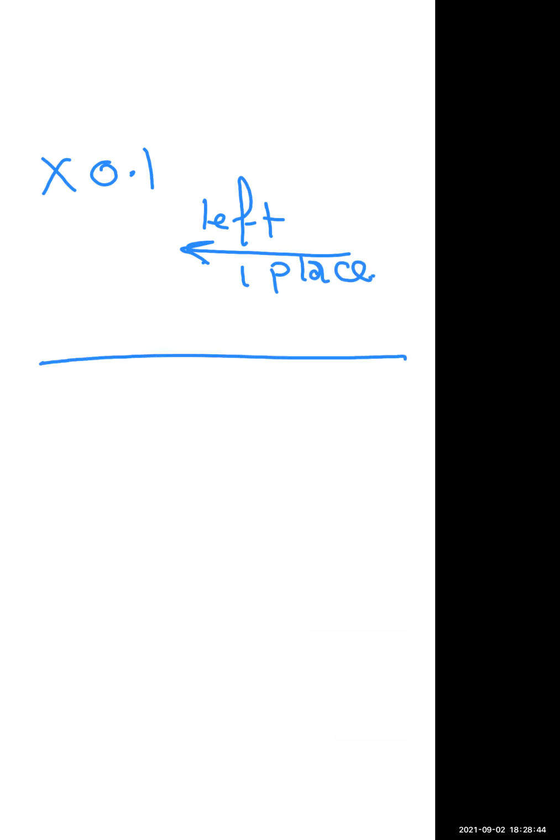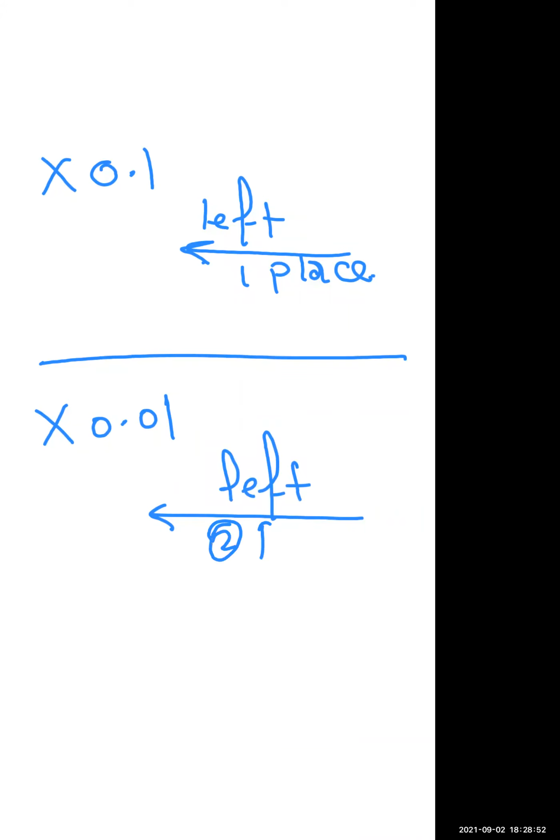Okay, so generally we can conclude that multiplying by 0.1, move the decimal point to the left one place. Multiplication by 0.01 means move the decimal point also to the left 2 places.